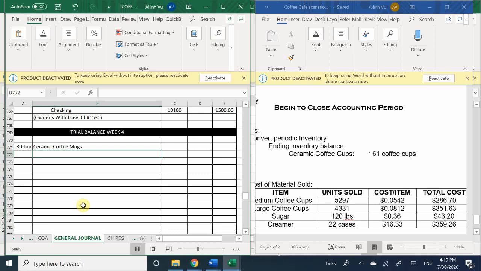How do you convert periodic inventory? This is weeks 5 and 6 stuff, guys. You have to credit it. Credit what?